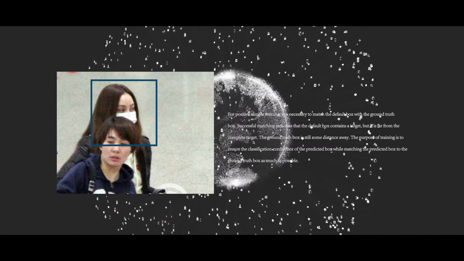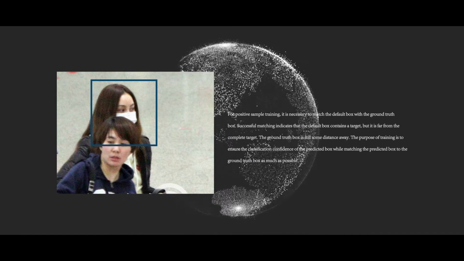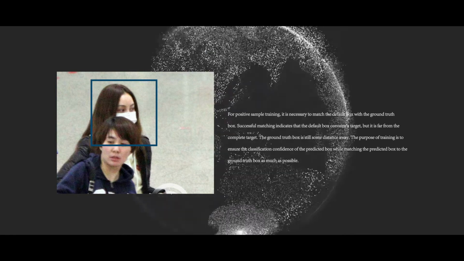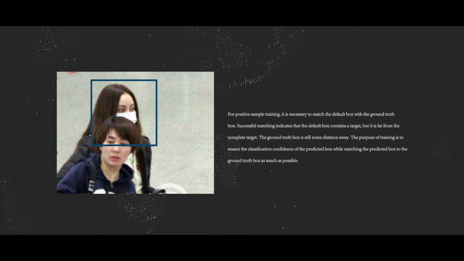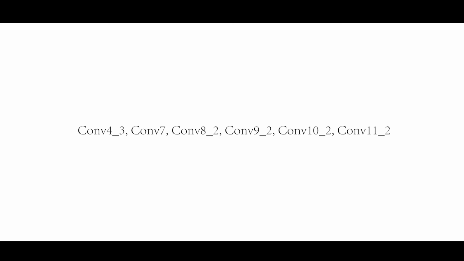The purpose of training is to ensure the predicted box classification confidence and at the same time match the predicted box to the ground truth box as much as possible. Let's take a look in detail. We send one training example to the network, and we get 6 feature maps corresponding to 6 different convolutional layers.